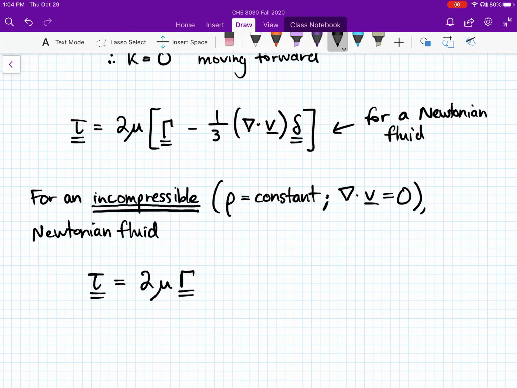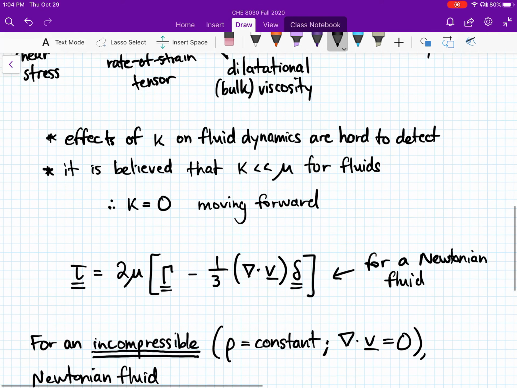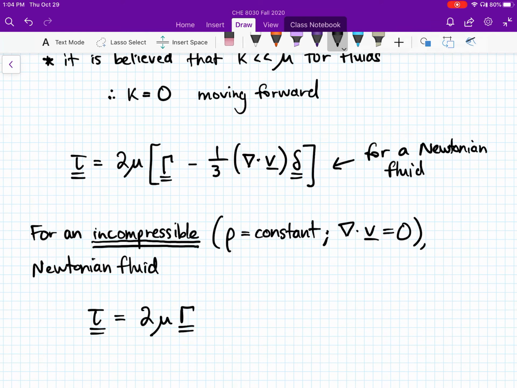Given that the divergence of the velocity is equal to 0, that second term on the left-hand side of our constitutive equation drops away, and we're simply left with 2 times the shear viscosity times the rate of strain tensor. This can also be written as the shear viscosity times the gradient of the velocity plus the transpose of the gradient of the velocity.